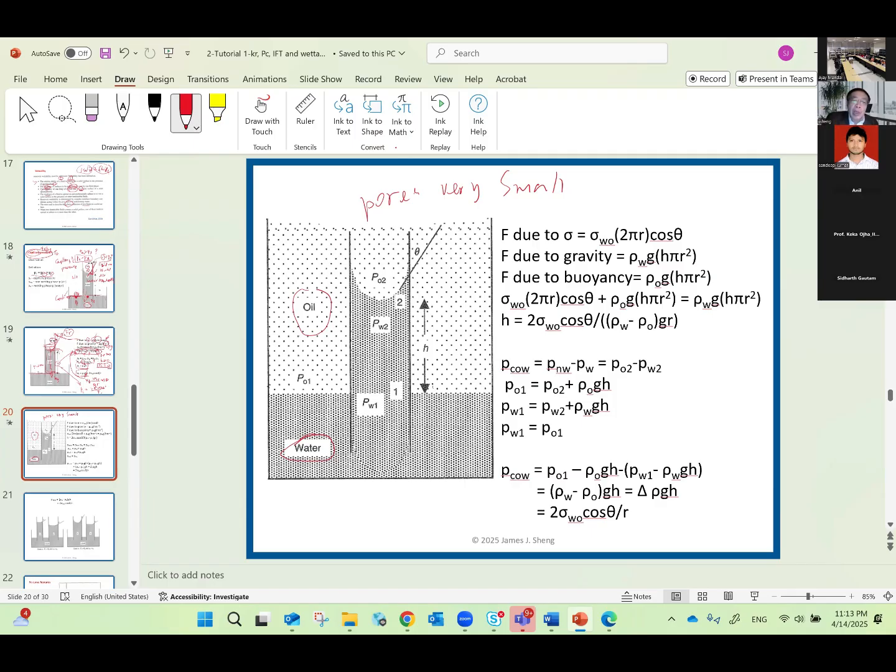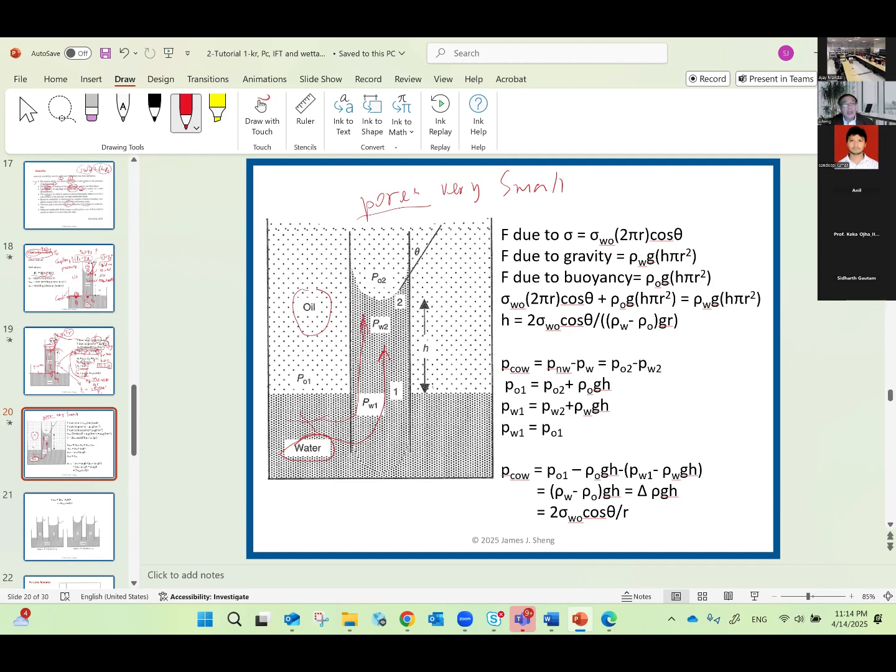Therefore each pore will work as a capillary tube. So then this water will rise in the pore or in the capillary tube, right? So in the real reservoir, we could understand that some water will go up around the tube.